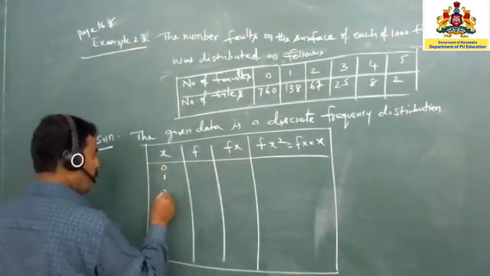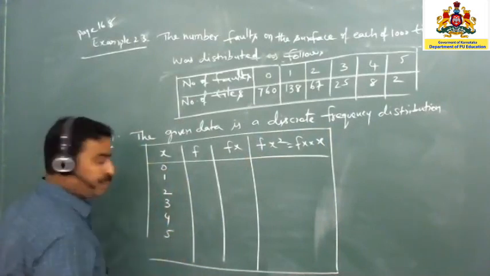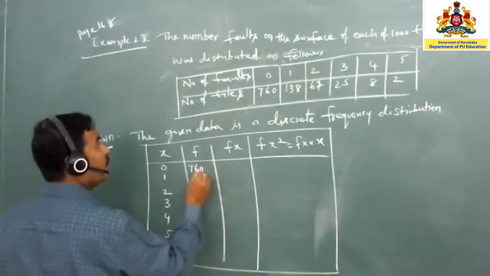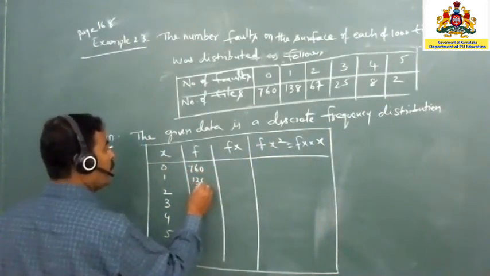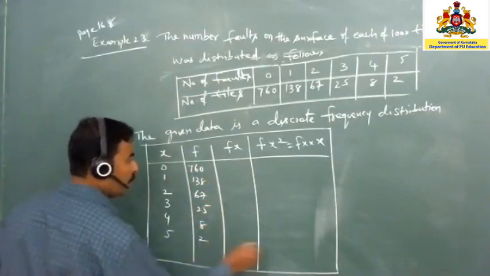x values 0, 1, 2, 3, 4, 5. f values 760, 138, 67, 25, 8, 2.